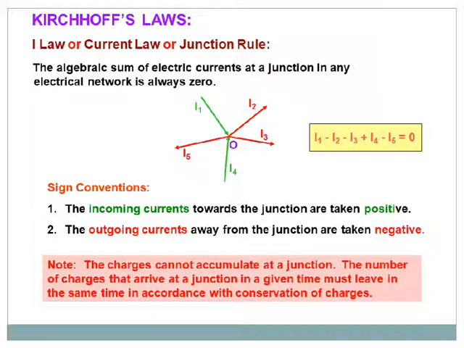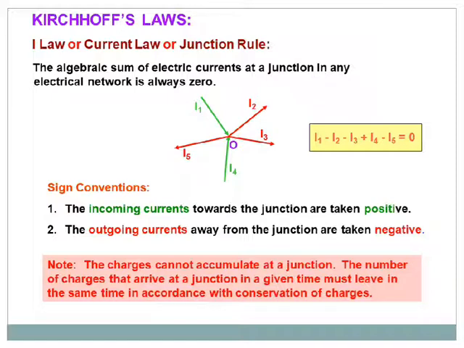So that should be considered as positive. And what remains, currents which are going away from the junction, would be considered as negative. So I2, I3 and I5 are the three currents which are moving away from the junction node, so that will be considered as negative.